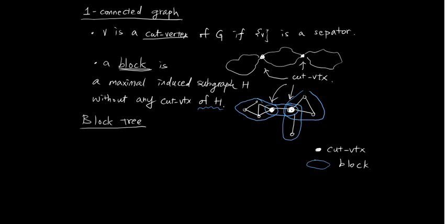The key is that the blocks have a tree-like structure. Let's define calligraphic B as a set of blocks.